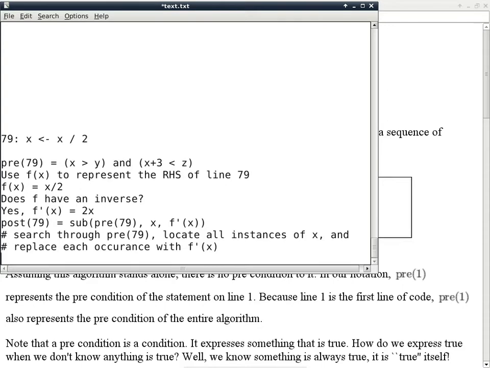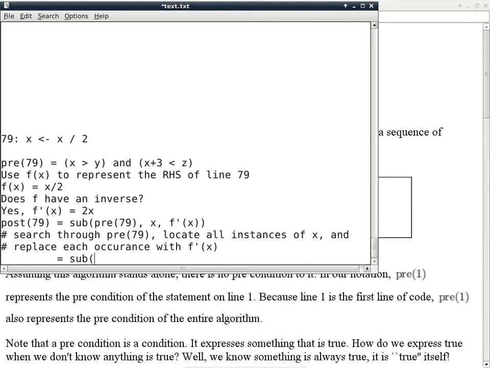Are we doing okay so far with this? Do you know how to do this in a word processor? Find and replace. Find and replace, exactly. That's what we are doing, but to a particular expression and not the entire text. Okay. So the next step is to expand what is pre-79.